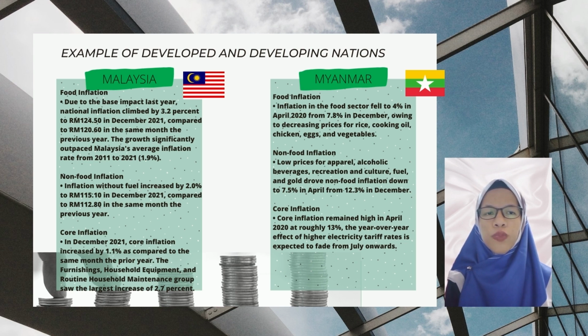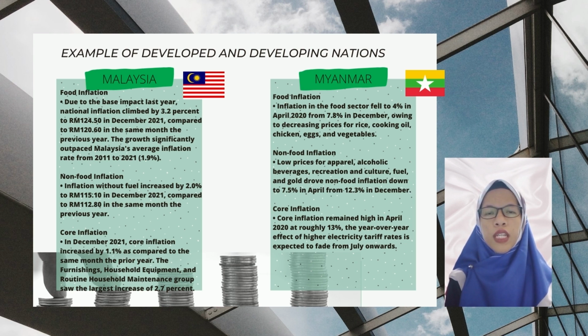The growth significantly outpaced Malaysia's average inflation rate from 2011 to 2021, which is 1.9%. While in Myanmar, inflation in the food sector fell to 4% in April 2020 from 7.8% in December, owing to decreasing prices in rice, cooking oil, chicken, eggs, and vegetables.